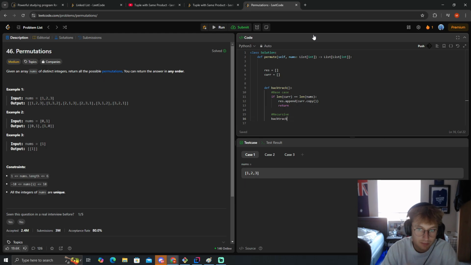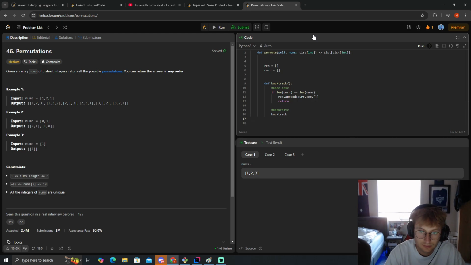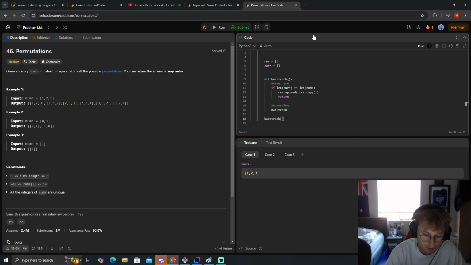So we're starting with an empty res array, right? So we do backtrack and we pass in our... right.